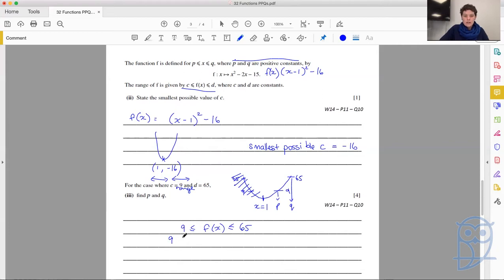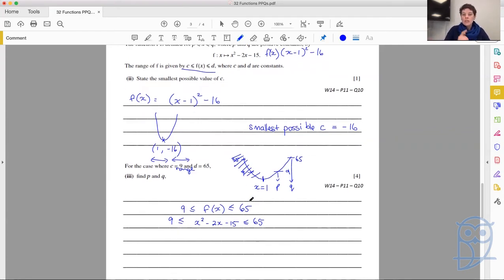So 9 less than or equal to f(x), which was x squared minus 2x minus 15, less than or equal to 65. And then we look at that and we say, oh my word, we can't factorize quadratics and solve them unless they're equal to 0. We have never done quadratic inequalities with 2 inequalities. However, we have learned all sorts of other wonderful skills. We know that if we want to solve inequalities like this, we have to do the same thing to each piece.